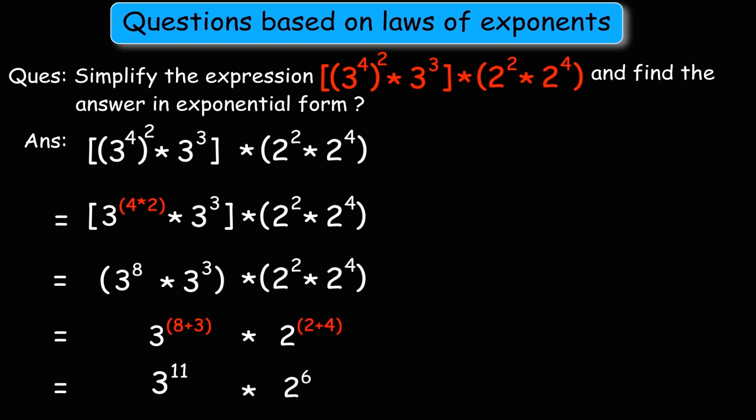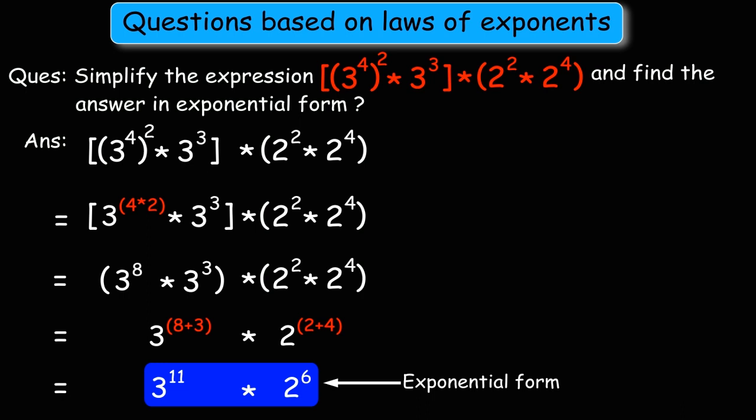So here, 3 and 2 both are different bases. Therefore, there is no exponential law to solve this or further simplify. So 3 to the power of 11 times 2 to the power of 6 is our final answer in exponential form. We do not need to solve further than this. So friends, we have practiced a lot on the laws of exponents.